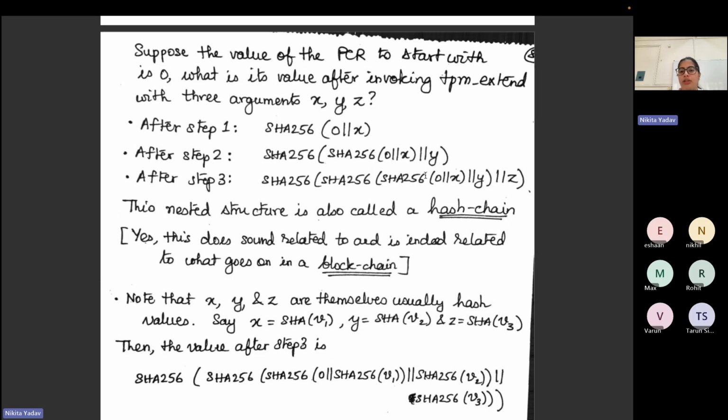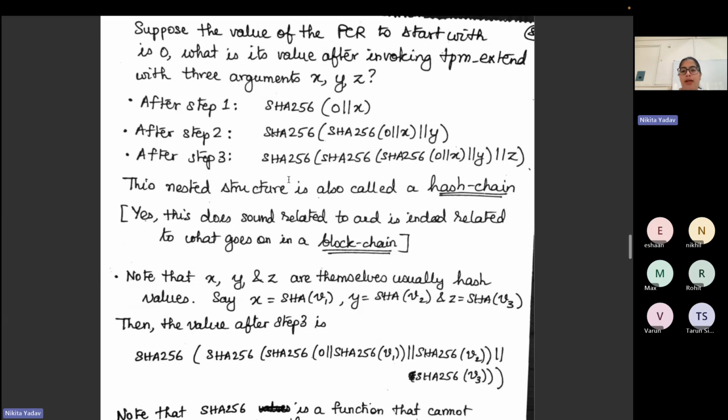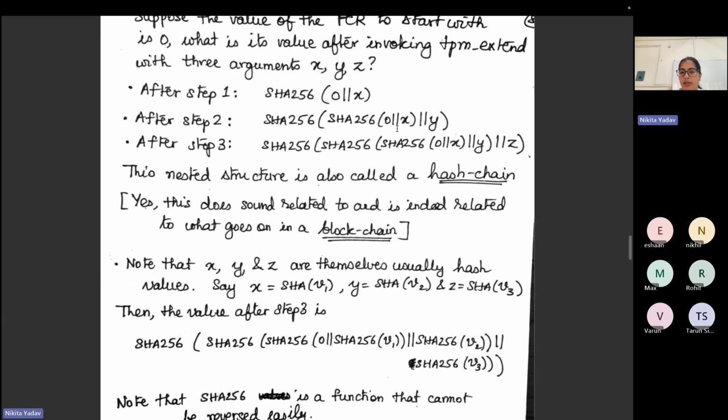Next time, whatever is the content of the PCR register, which is this hash value, will be taken, concatenated with y, and then a SHA-256 hash will be taken over that. Then again in step 3, the previous hash value in the PCR will be taken, appended with z, and then that will be stored. And this is a hash chain.